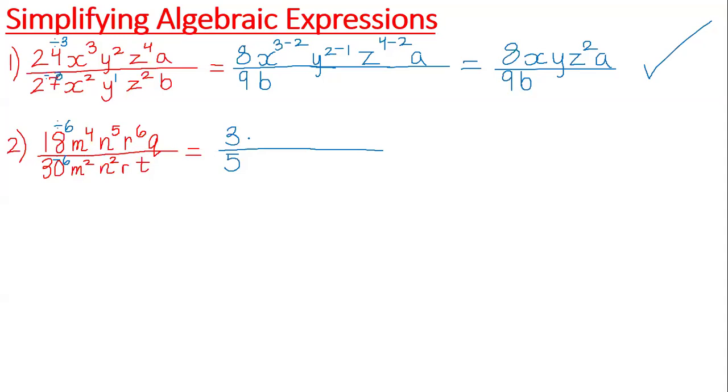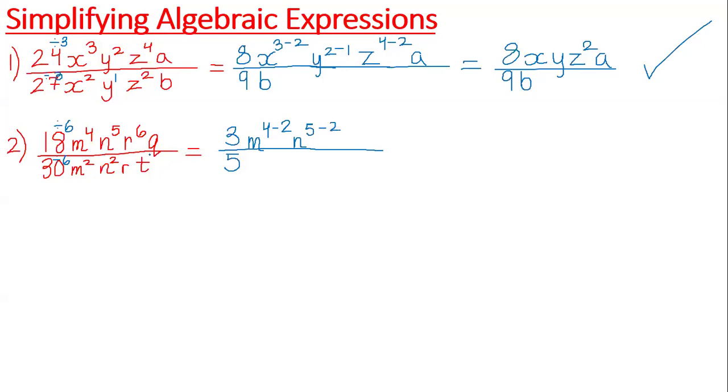So that means that m is gonna be m to the power of what? 4 minus 2. Then it's gonna be n to the power of what? 5 minus 2. Very good.